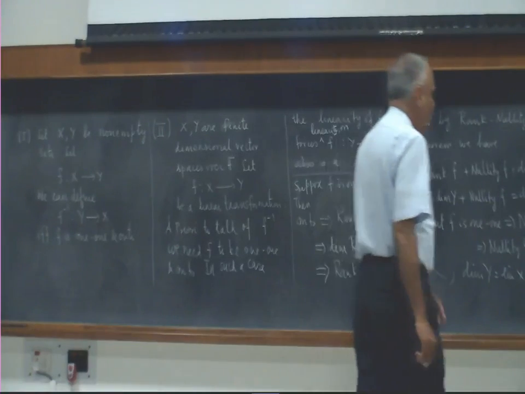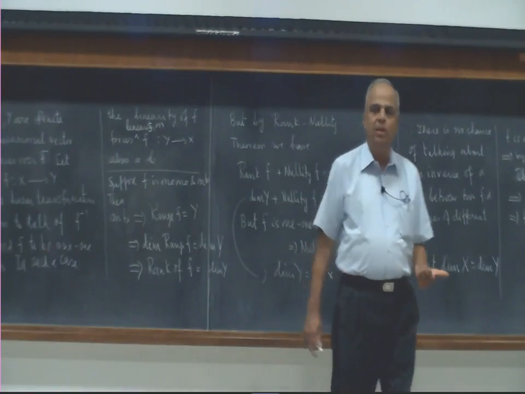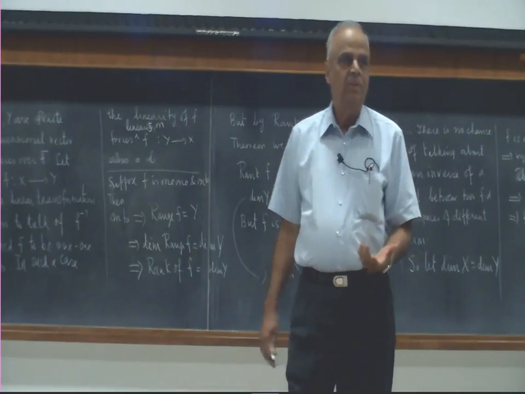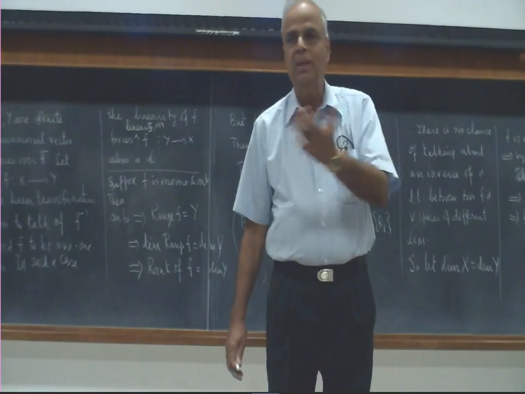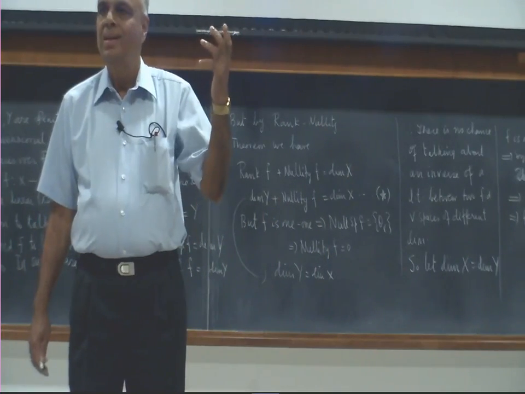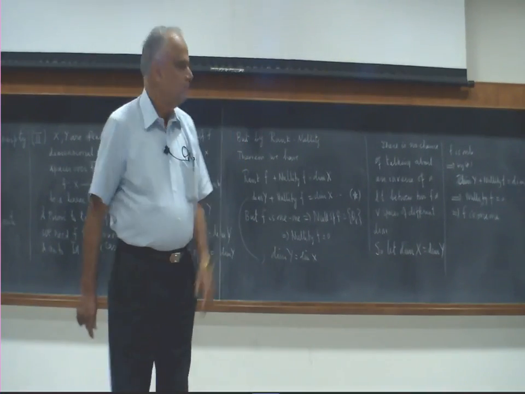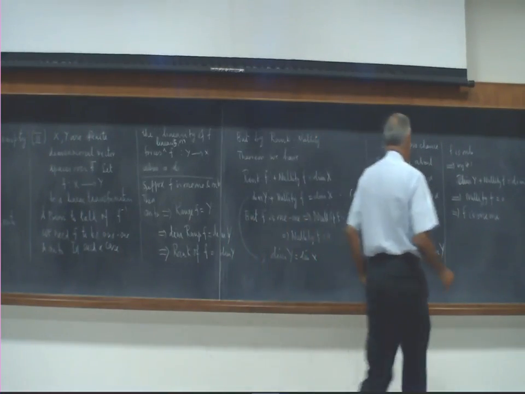On the other hand, if it were 1-1, nullity will be 0. The rank nullity theorem will say rank of F is the dimension of x, but rank of F is the dimension of y because it is onto, and so on.